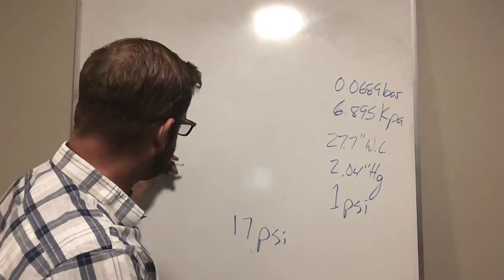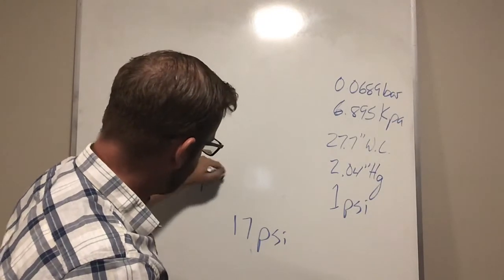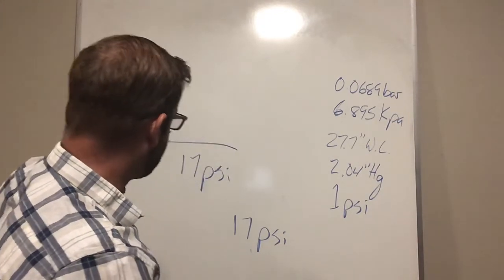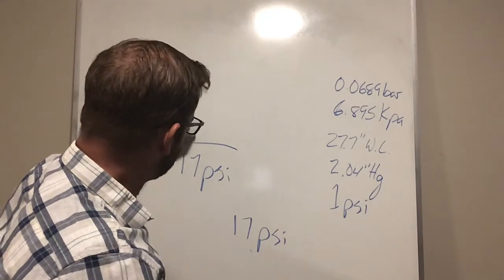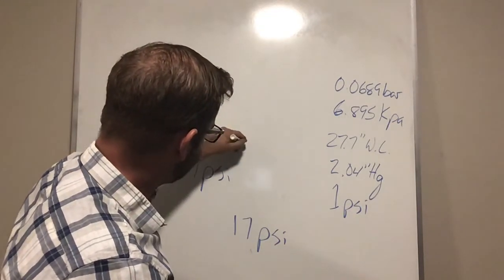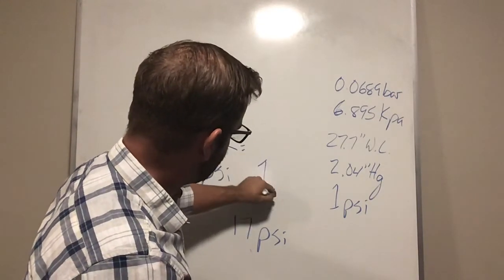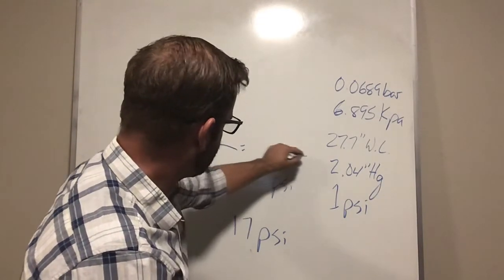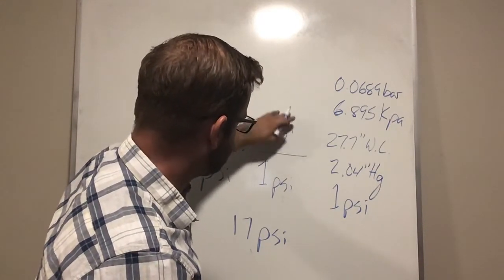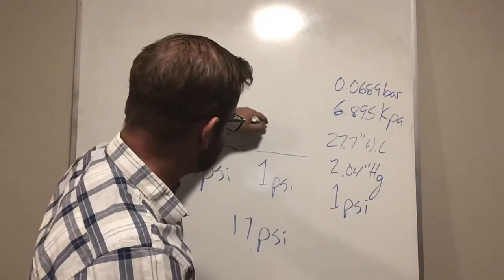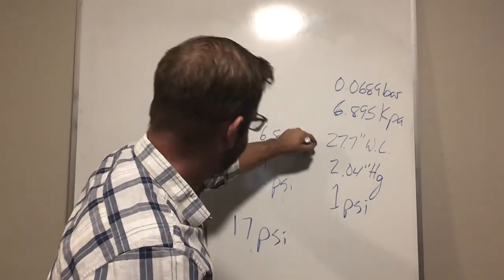So we found out that we had 17 psi. And we're trying to convert it back to kPa. So question mark for kPa. That equals 1 psi over 6.895 kPa.